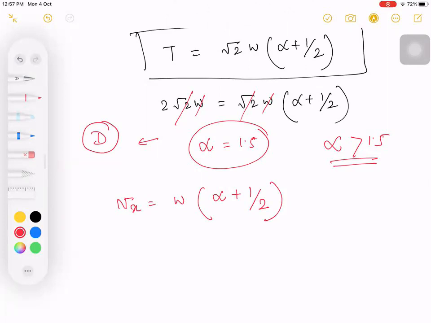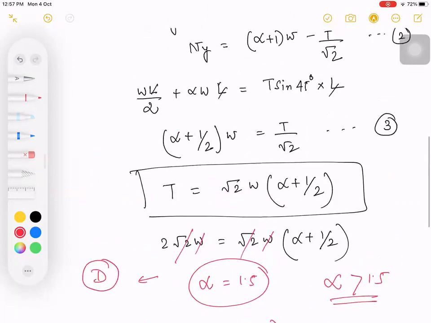Hence, when alpha is equal to 0.5, Nx becomes equal to W. Look at option B. Option B tells the same thing: the horizontal component of reaction force at O is equal to W for alpha equals 0.5. So option B is also correct.